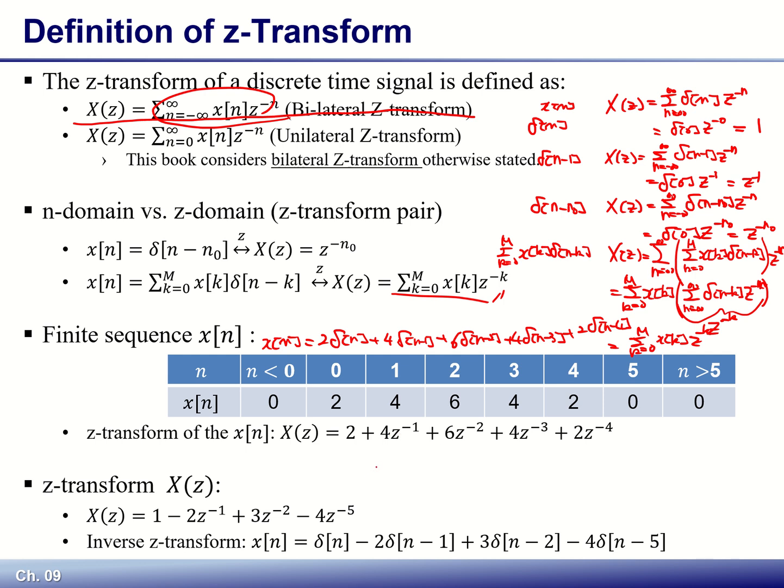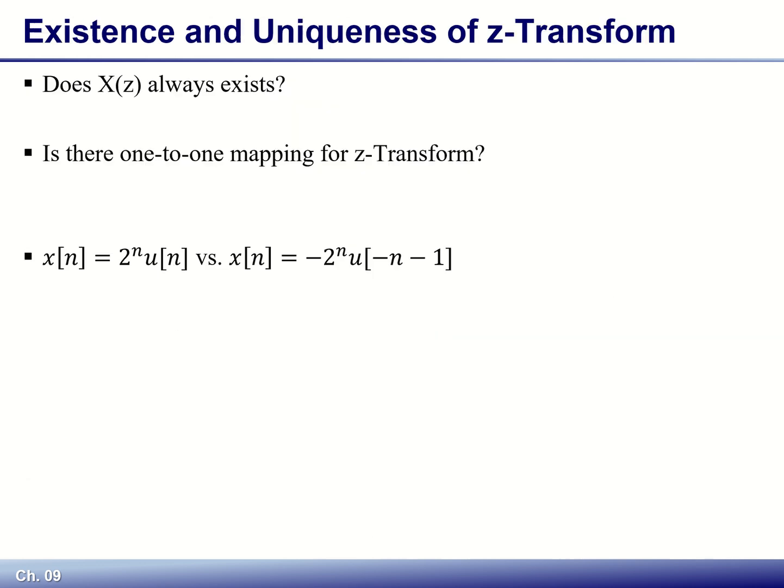If the polynomial of z is defined like here, then we can get the n domain, time domain signal using the inverse Z transform, expressed with delta functions like that. Here we can have questions. Does X(z) always exist?